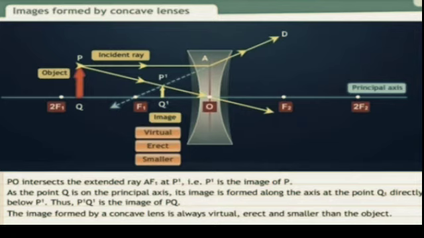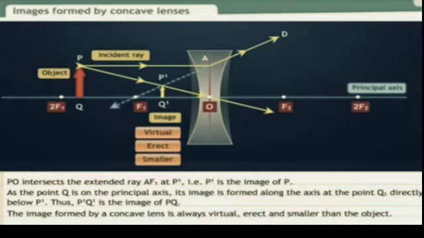If AD is extended backward, it appears to come from F1. The incident ray PO starting from P and passing through O goes along the same direction after refraction. PO intersects the extended ray AF1 at P', that is, P' is the image of P.